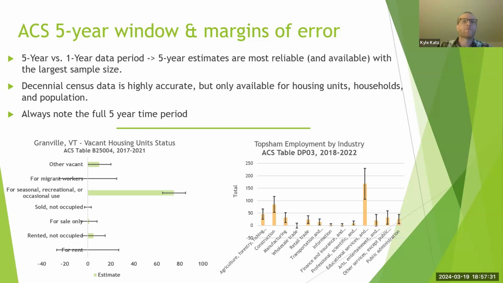What's nice about them, once you're familiarized with them, is that it shows the estimate right next to the margin of error, and it often also provides the percent next to the percent margin of error. So just looking at it on the website can give you a good understanding. If you're looking at an estimate of 50 households with a margin of error of 30, that's really big.